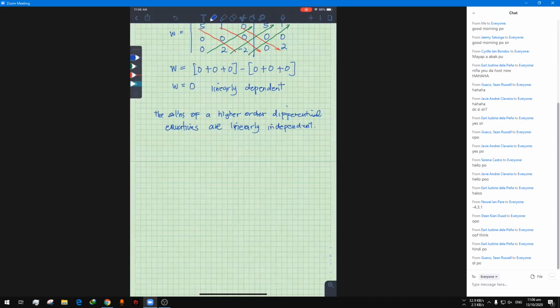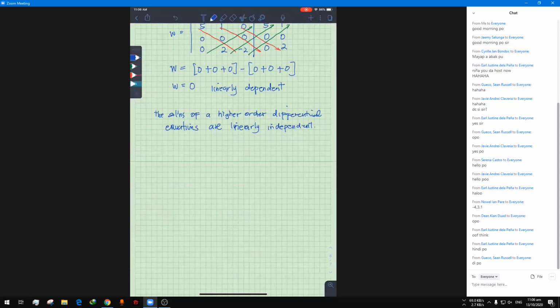So if all of the solutions are linearly independent with each other, therefore, that is a solution of a differential equation. If a set of solutions are linearly dependent with each other, therefore, those are not a solution of a differential equation. Okay, so that is the idea why we are getting the linear independence or dependence of the solution. Kasi nga, yung mga solutions or set of solutions ng differential equations natin are linearly independent with each other.